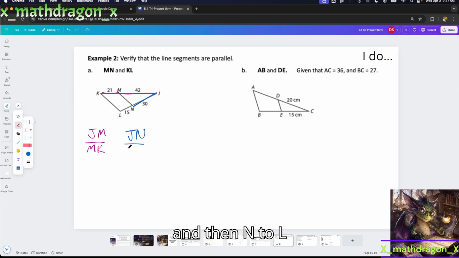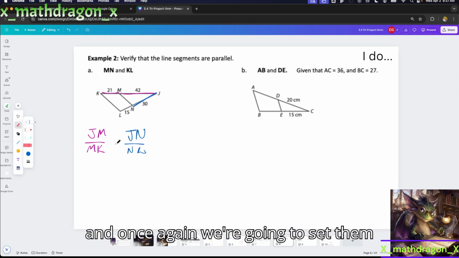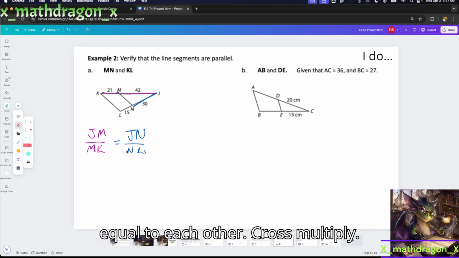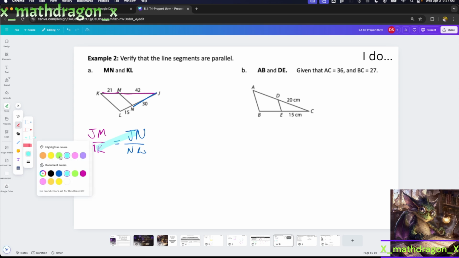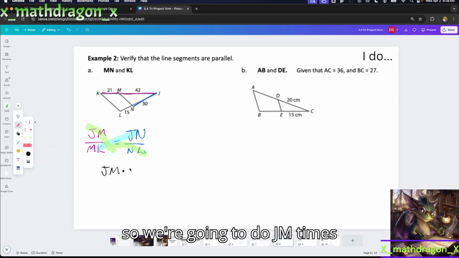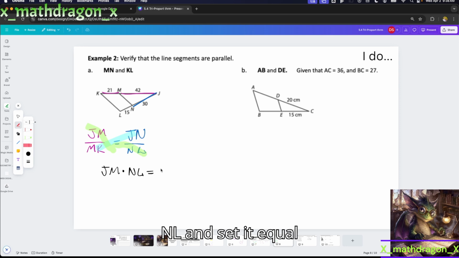Okay, so JN and then N to L. And once again, we're going to set them equal to each other, cross multiply. So we're going to do JM times NL and set it equal to MK times JN.